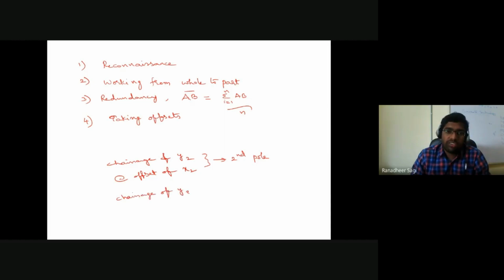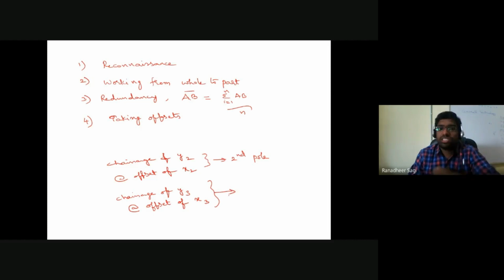what does this chain edge of y3 mean? From point A, at a distance of y3, if I travel, I have your perpendicular line existing, and along that perpendicular offset line, if I travel a distance, and that distance we are calling your offset distance, how much is that offset distance? x3. So at a chain edge of y3 with an offset of x3, I have the position of my third pole.